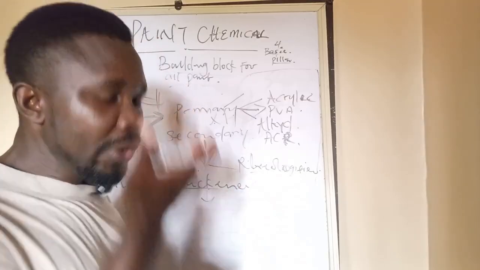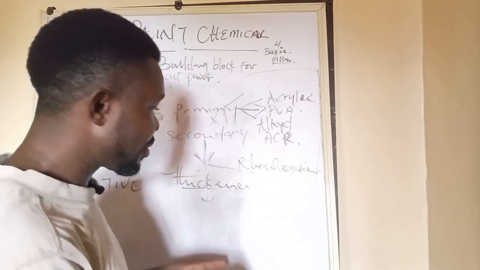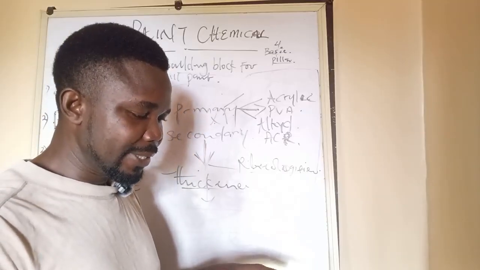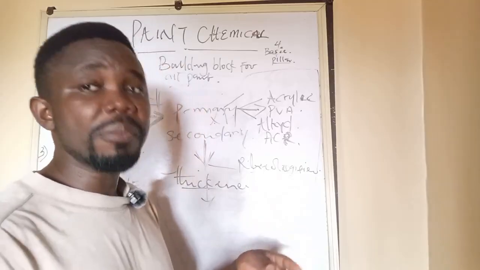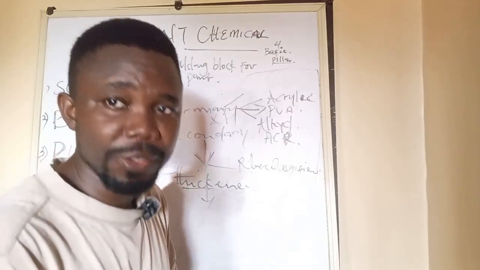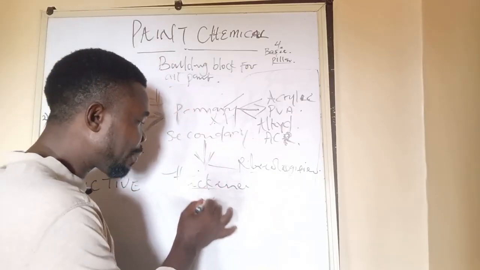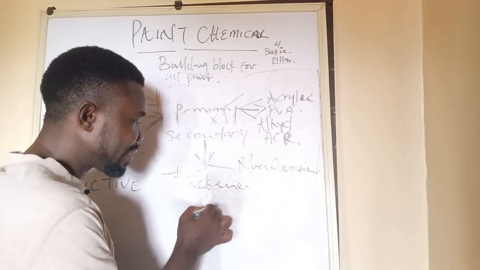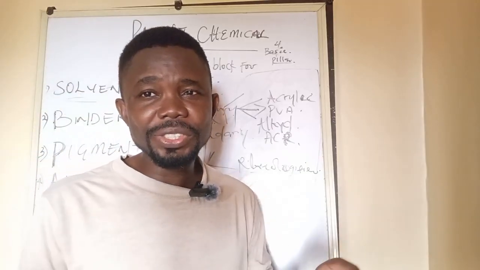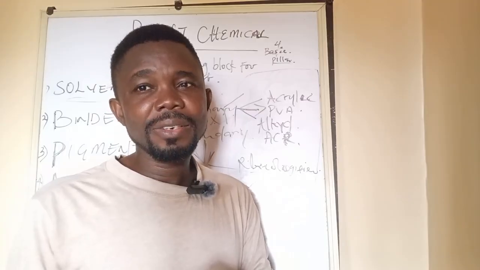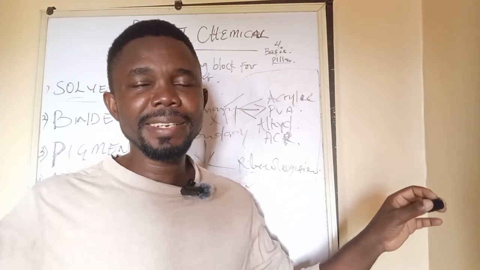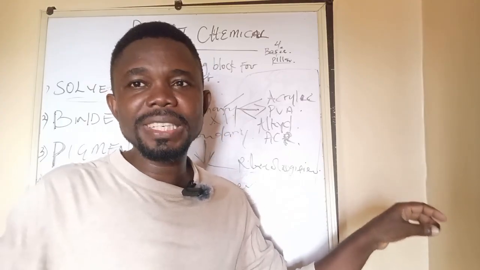Because of their mass, they have the tendency of settling, or regrouping, coming together and forming a mass again, an agglomerate, and then settling. So what will not allow that to happen is your secondary binder, which is your thickener. It ensures that the medium is in such a well thickened state that will not allow the particles to easily come together.